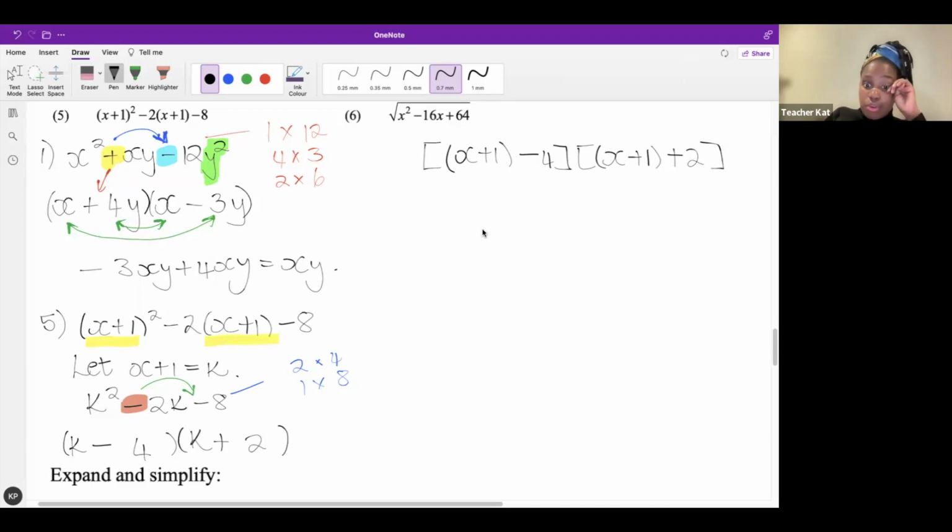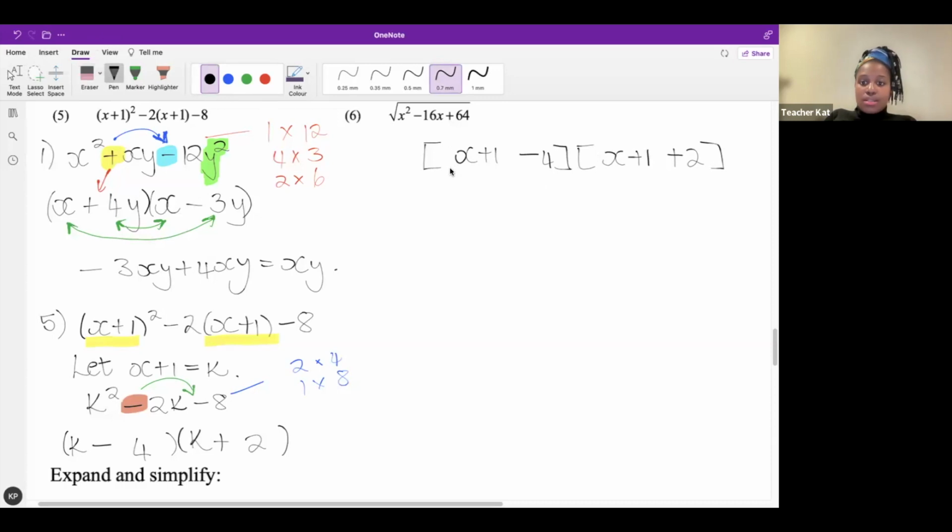Then you check if you can simplify it. There's nothing in front of my bracket that I have to multiply, so I can just take them away. So we can just have x plus 1 minus 4 and x plus 1 plus 2.